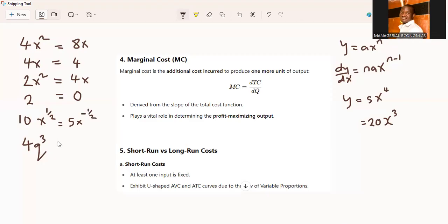What is 4q cubed? Who wants to try this one? Everybody try to differentiate that. Are you seeing my screen? Astrid, are you able to see?